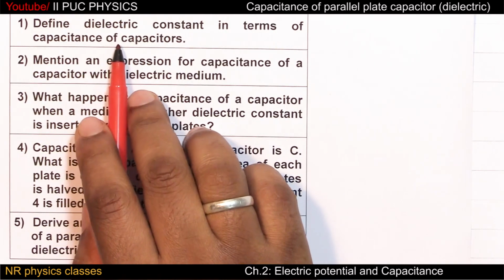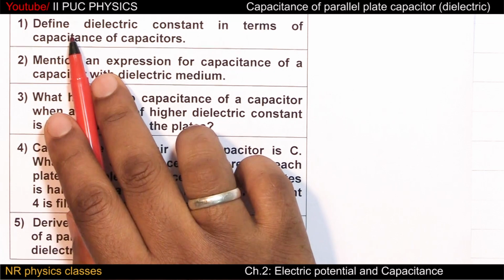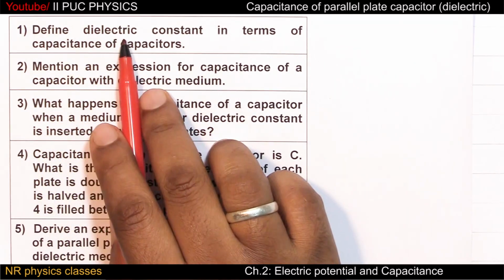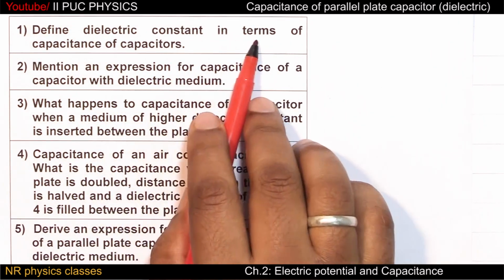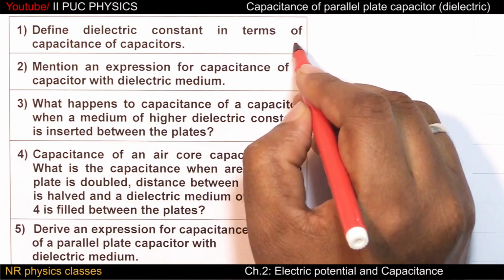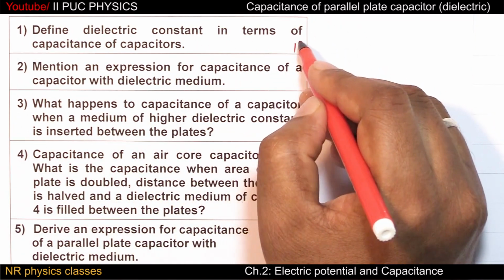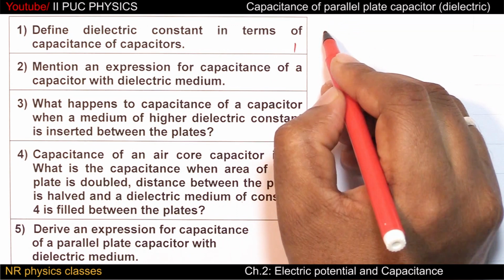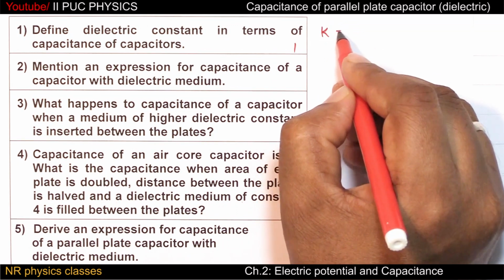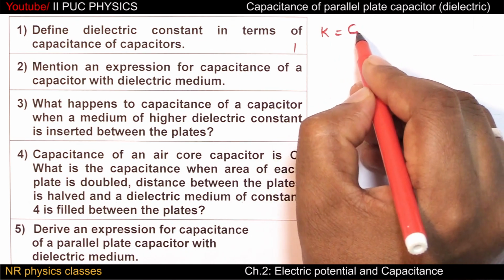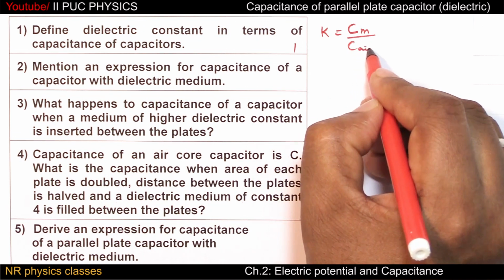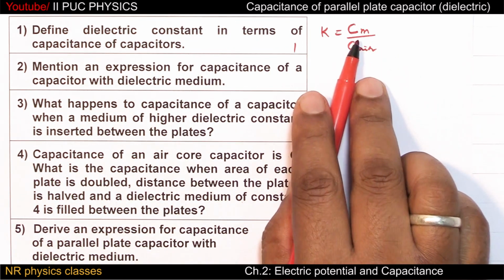Most probable questions. Define dielectric constant in terms of capacitance of capacitors. For 1 mark, you have to write this statement. So dielectric constant is capacitance of a capacitor with medium to capacitance of a capacitor with air or vacuum.